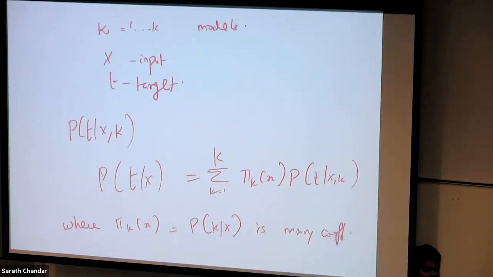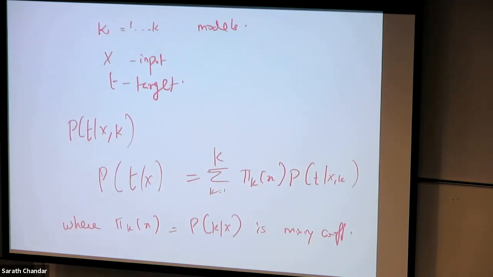Yeah. Here K represents the models before combining them or after combining them? K is just the index of the model. Okay, so before they're combined. What do you mean by before or after? Well, here we want to combine models, so we have a certain number of models. Yes, that number is K. So you first decide how many models you want to train.